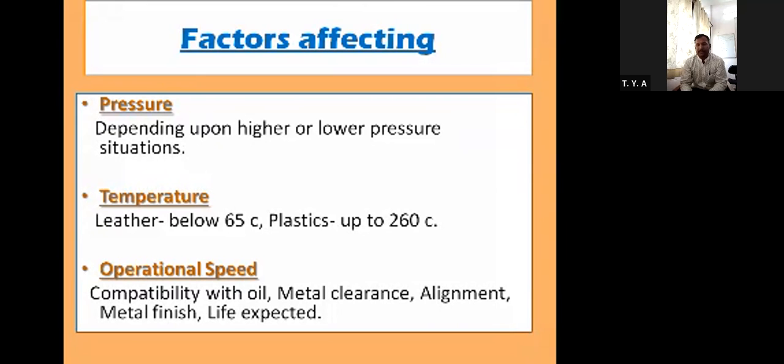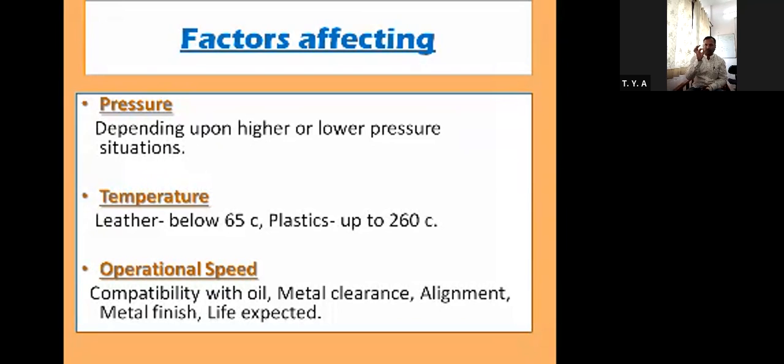And the last parameter that we should consider while selecting the sealing is the operational speed. This factor should be considered since it has an effect on the life of your seal.